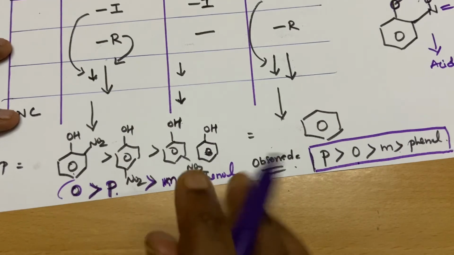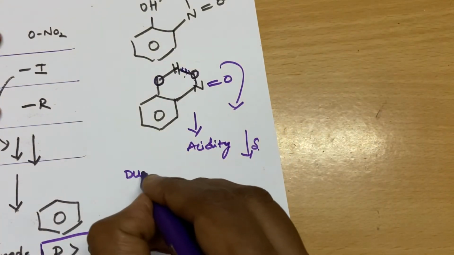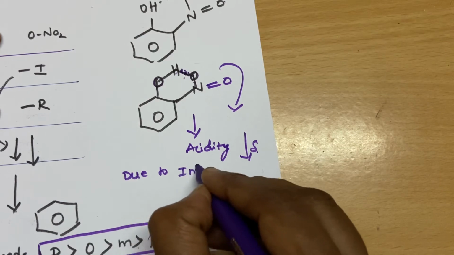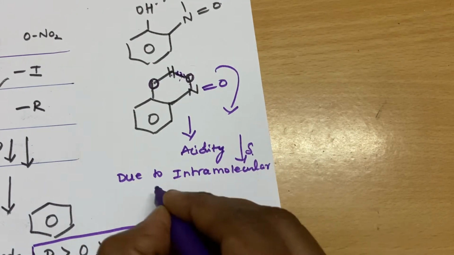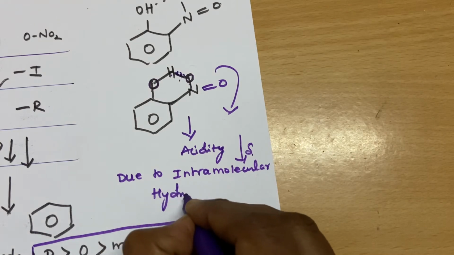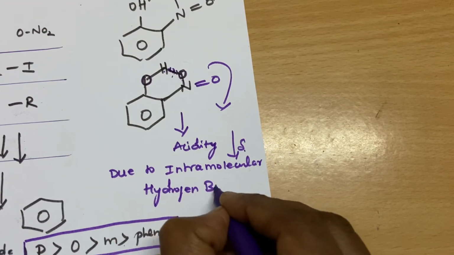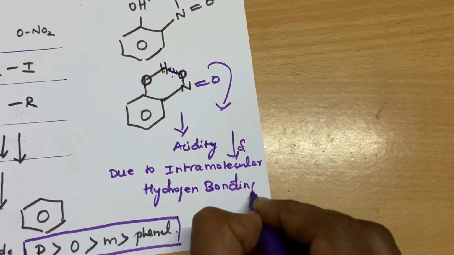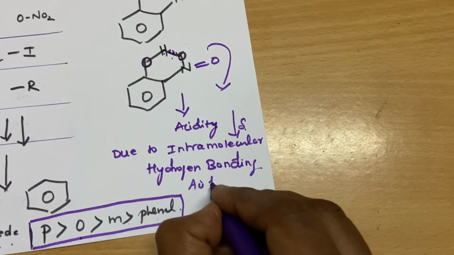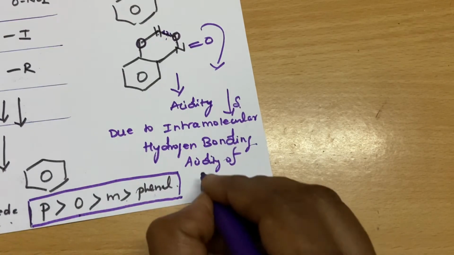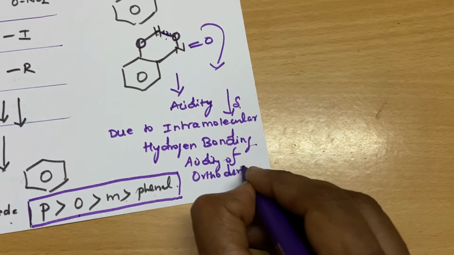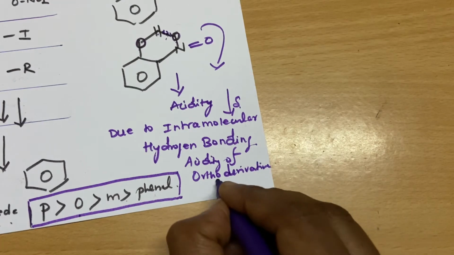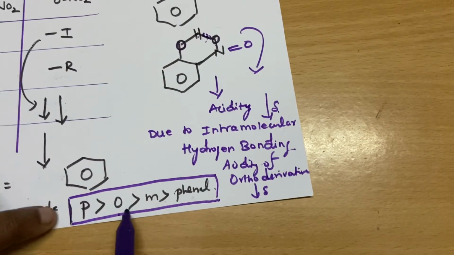But due to intramolecular hydrogen bonding, the acidity of the ortho derivative decreases. So this order is followed.